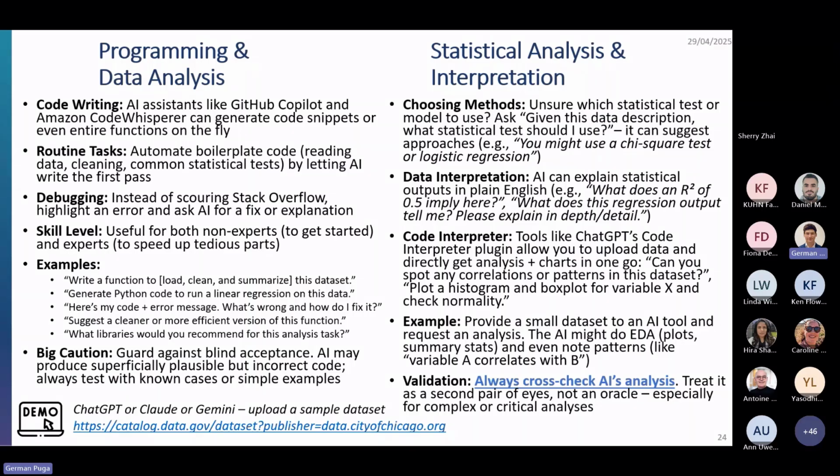That's a full stack online app or web page, right? It's a little bit different from a script to analyze or pre-process or clean data, but it is just a note to say guard against that blind acceptance, and break your code into smaller segments and test as you go, right?